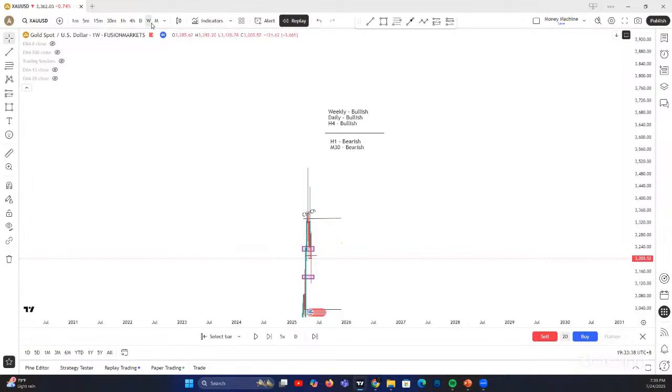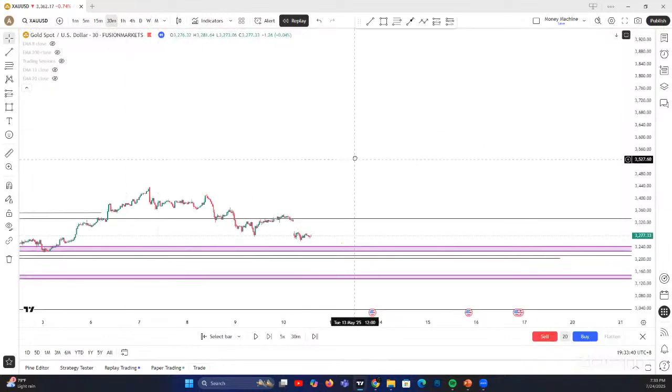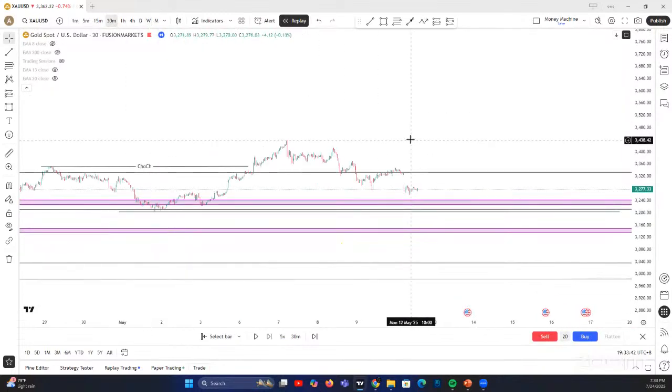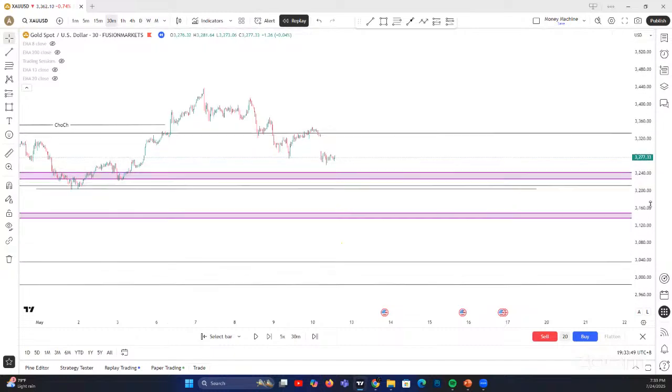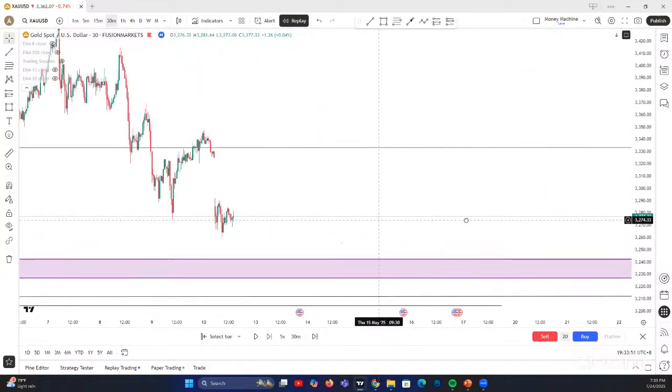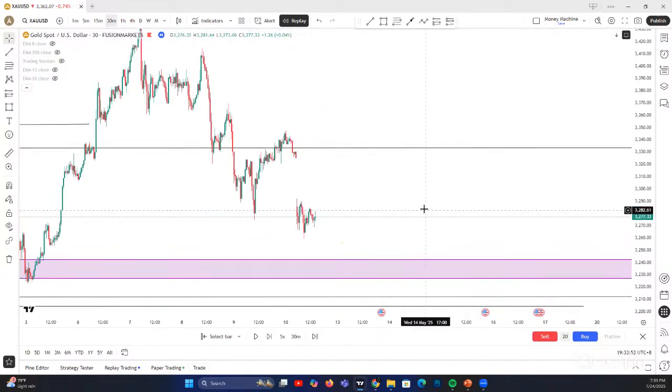Now, all our higher time frames are bullish, but our lower time frame is bearish. So what will we do, my friends? Tell me, what will we do now?